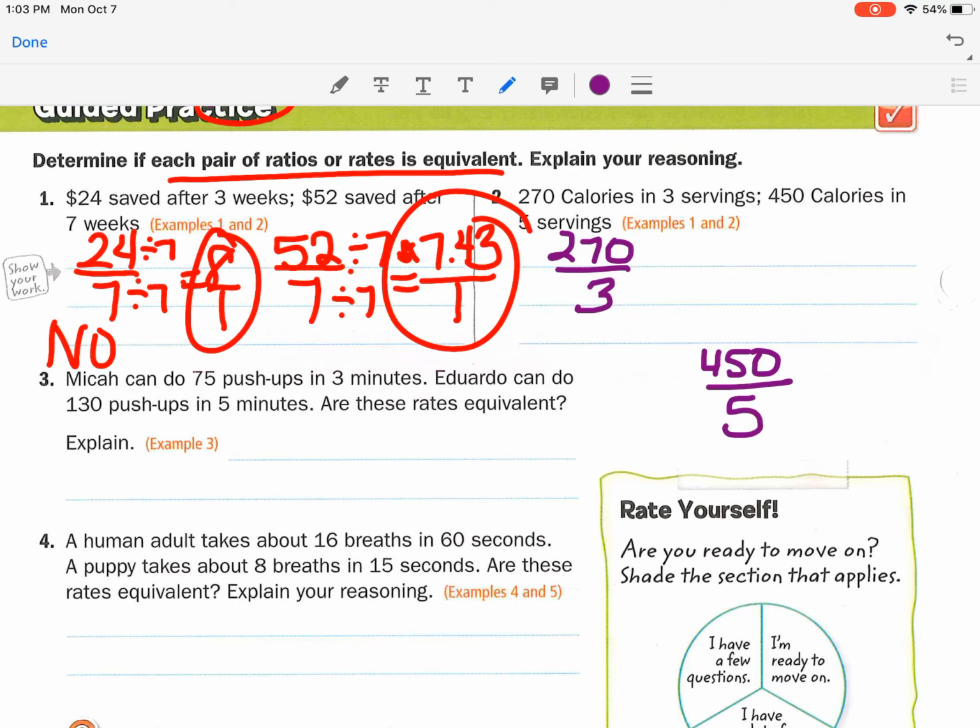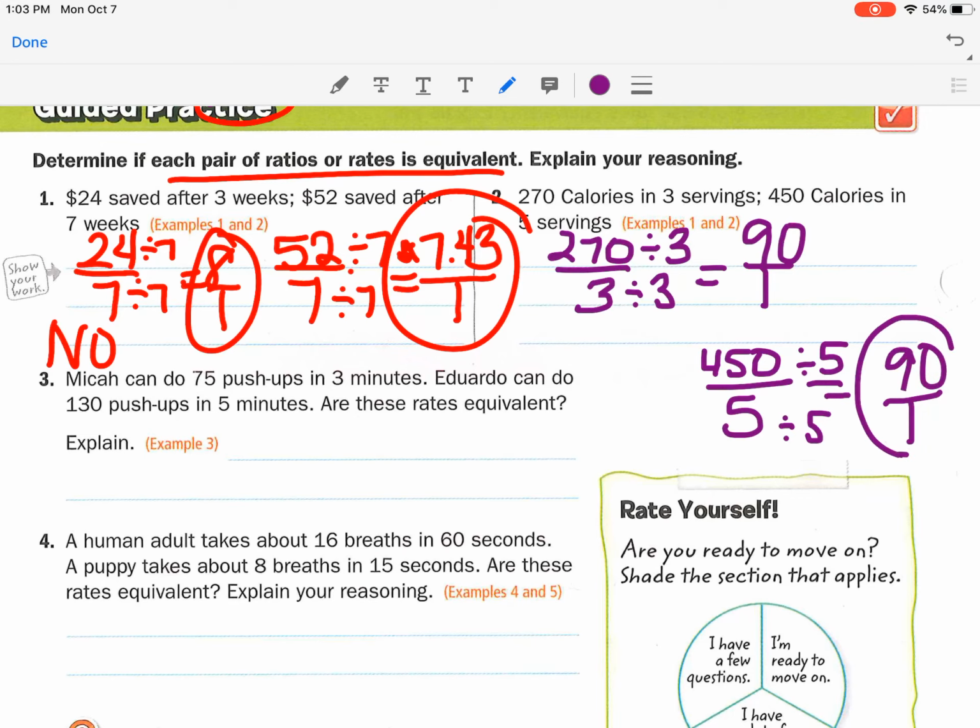So we're going to go ahead and divide each of these by 3. 3 divided by 3 is 1, and 270 divided by 3 is 90. So 90 calories in 1 serving. To find my unit rate, I'm going to divide by 5, and I get 1, and 450 divided by 5 is 90. So yes, those are equivalent.